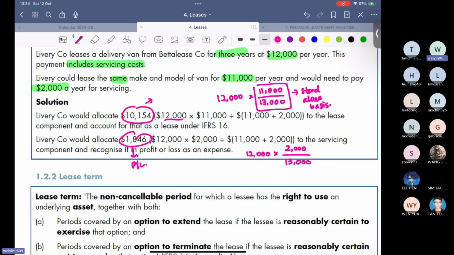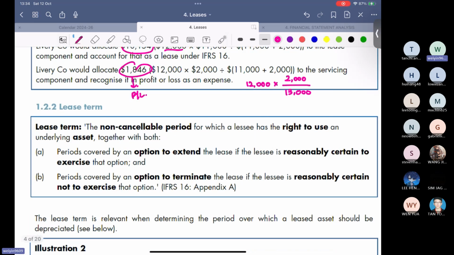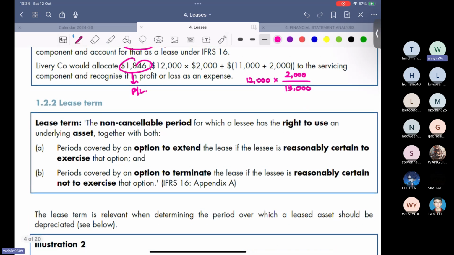And we also look at the period of time of your contract, that is the lease term, as we call it. So for the lease term, if the contract mentions a non-cancelable period for the right of use of your asset, together with the option to extend the lease if the lessee is reasonably certain to exercise it.